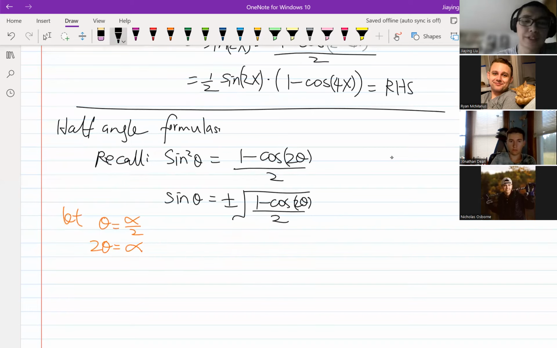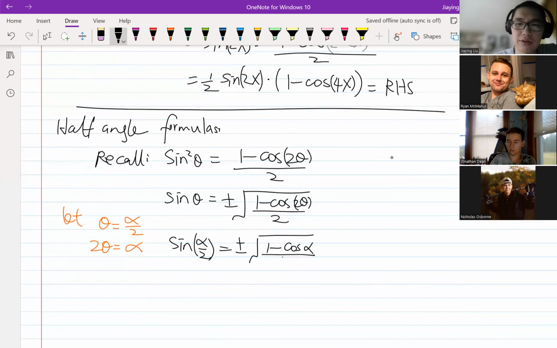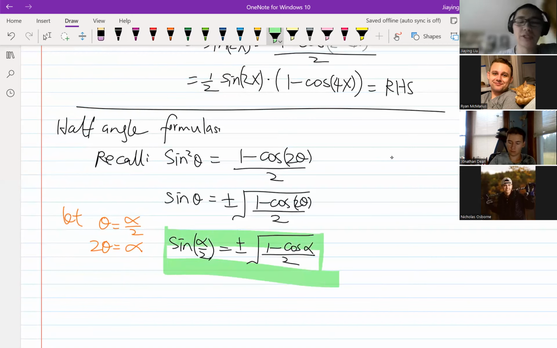So now I replace theta with alpha, so that we get sine alpha over 2 equals plus minus square root of 1 minus cosine alpha over 2 times 2, so that's just alpha, and then all divided by 2. This is what we call the half angle formula, because if we know an angle that's half of another angle, then we can apply this formula to find it.